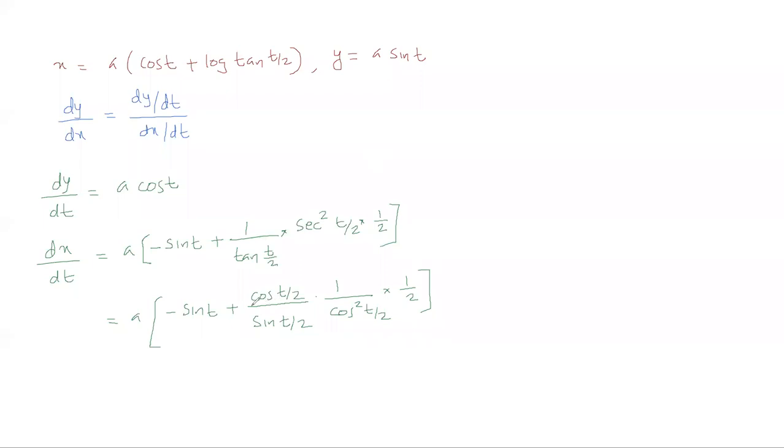तो एक cos कट हो जाएगा. So what you're getting is a into minus sine t plus 1 divided by 2 sine t by 2 cos t by 2.